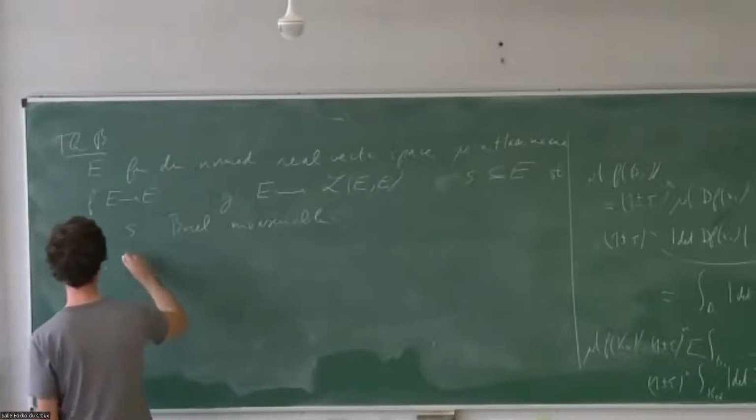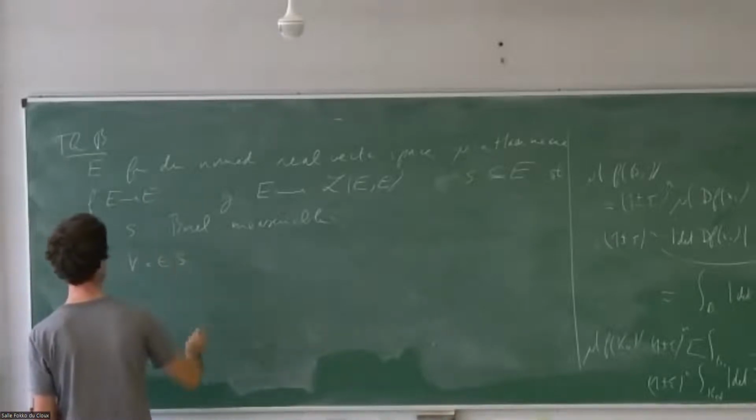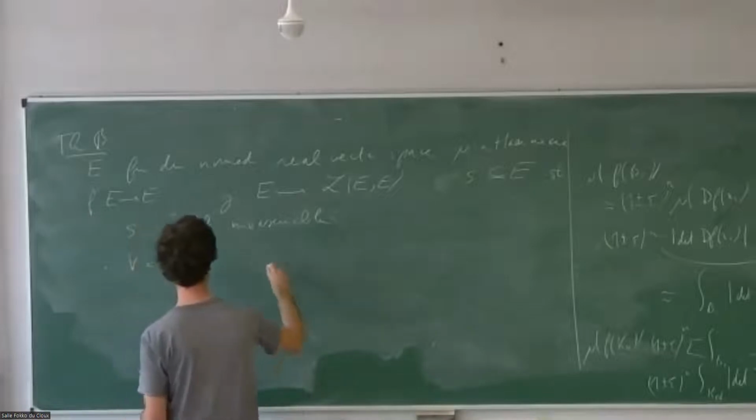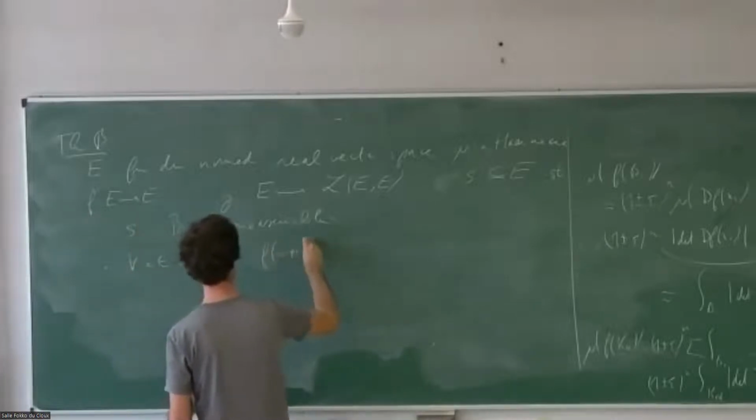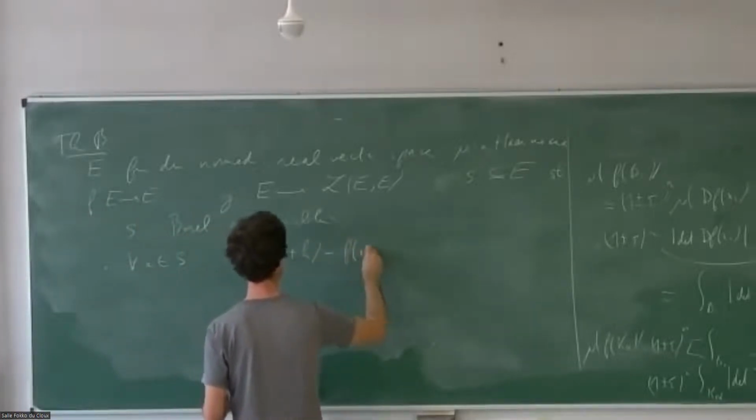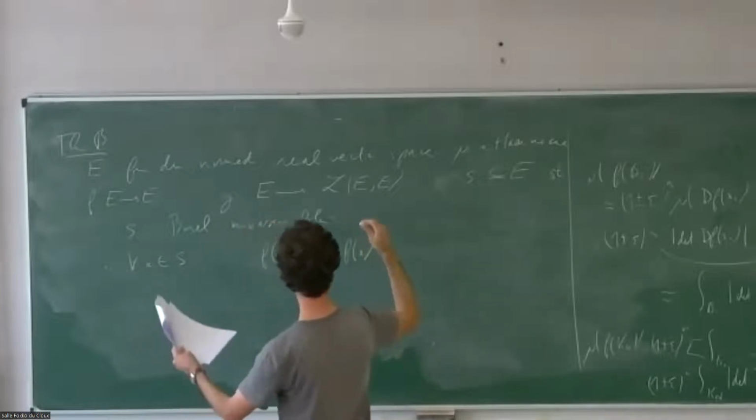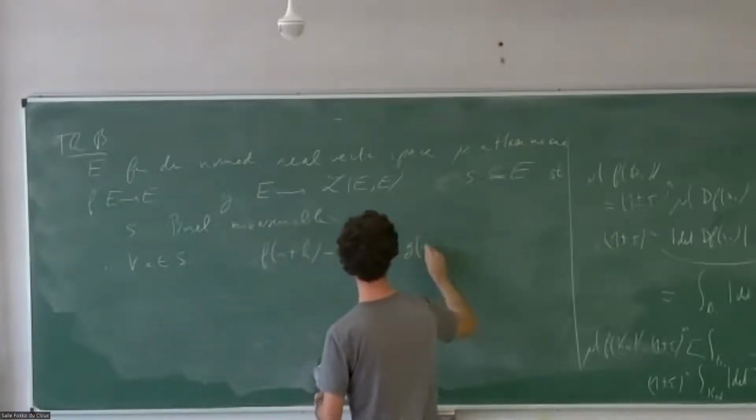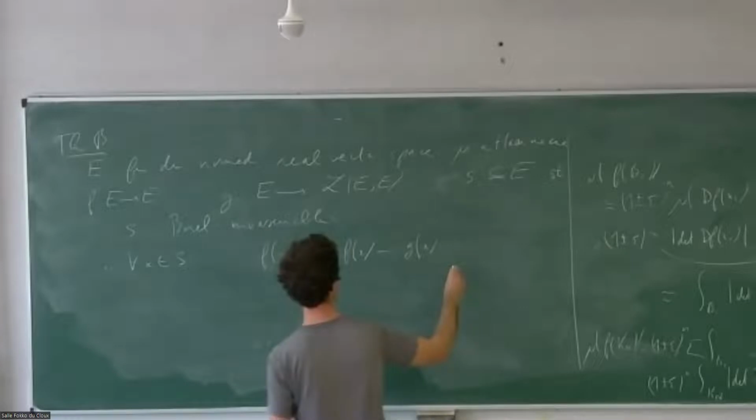What does that mean? You take some point x in S, and you look at f of x plus h minus f of x, and the derivative would be g of x applied to h.